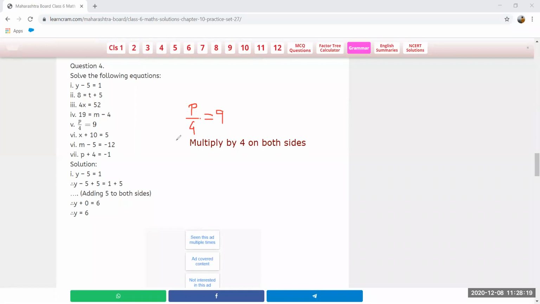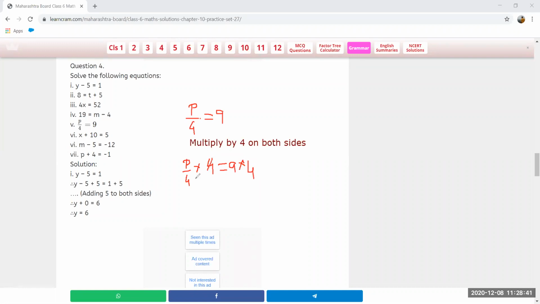So if we multiply by 4 on both sides, here P by 4 would get multiplied with 4 is equal to 9 again would get multiplied with 4. Okay?